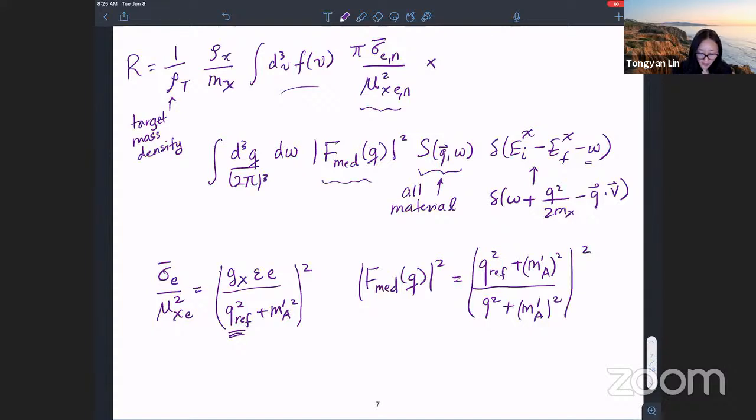Okay, so the dark photon mass dependence of the potential I absorb into this mediator form factor, and this part is just pulled out in order to define the cross section.